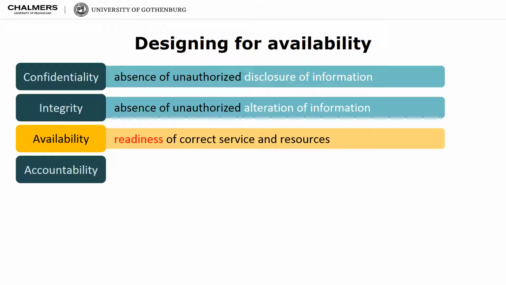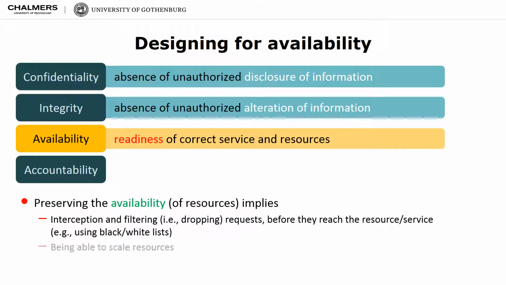The design techniques to deal with availability in the context of security are very similar to those in the context of dependability. In particular, one known technique is to intercept and eventually filter service requests to, for instance, a server before they overwhelm the resource when the resource is getting overloaded, for instance, in presence of a denial of service attack.